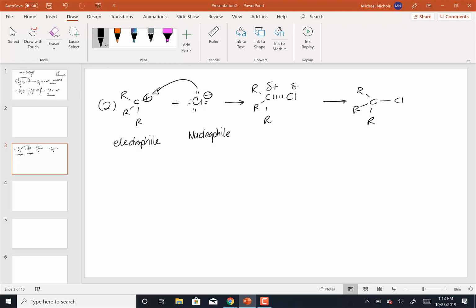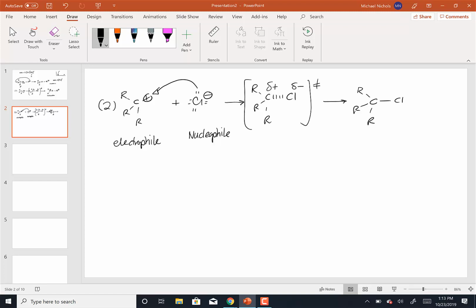It gets a delta minus. And so that would be the transition state for the second step. And then for these mechanistic steps, if I added step 1 and step 2, I'm going to get the overall reaction.